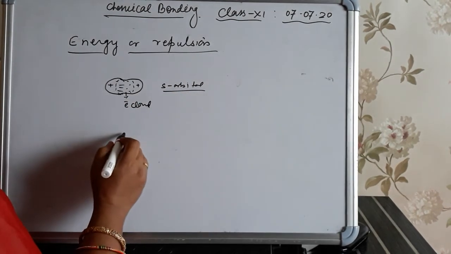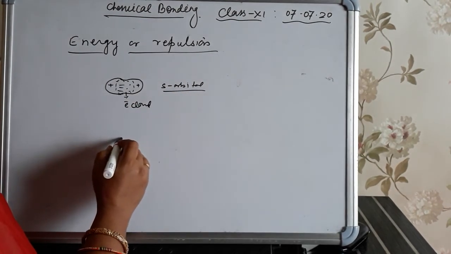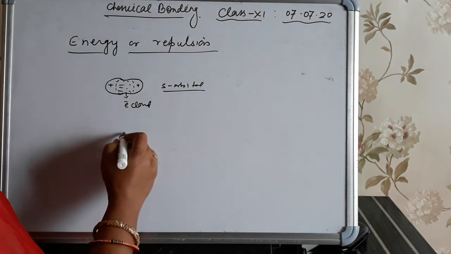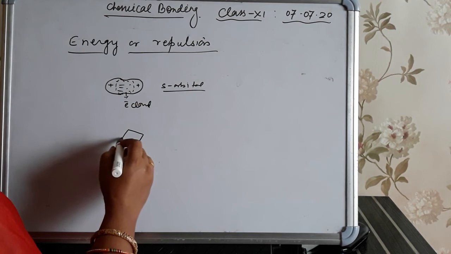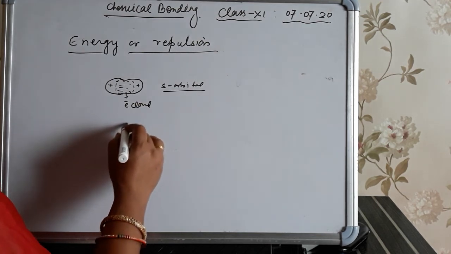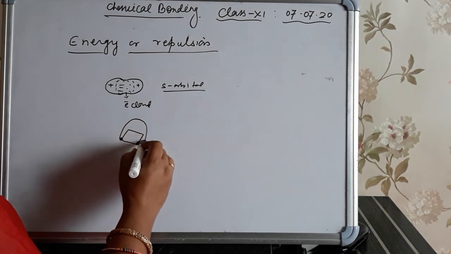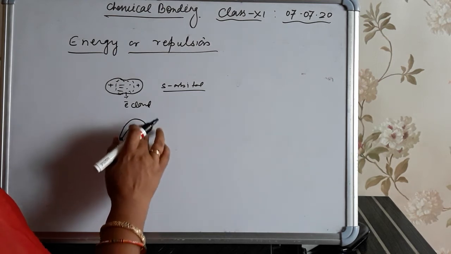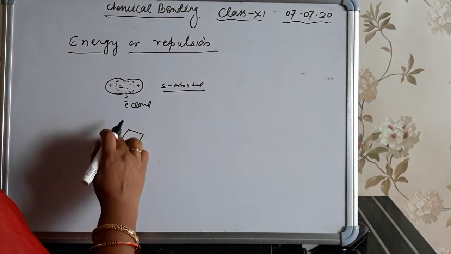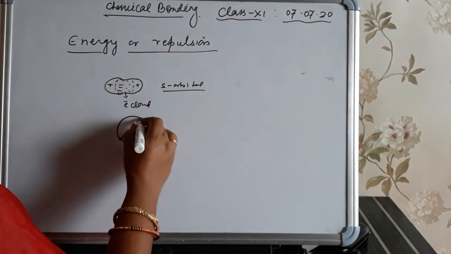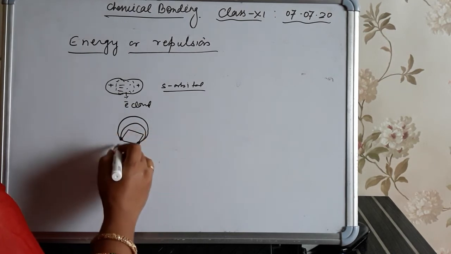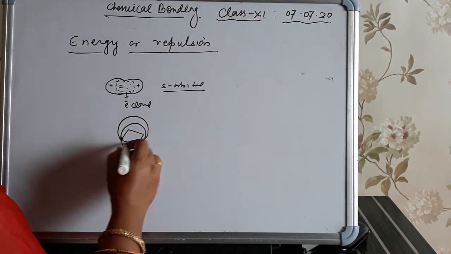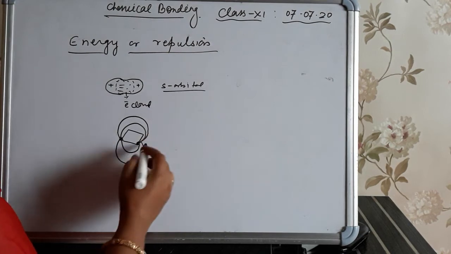And when p orbital forms, suppose we draw the plane also. So this is the nucleus, and there is the formation of electron clouds above the plane and electron clouds below the plane.